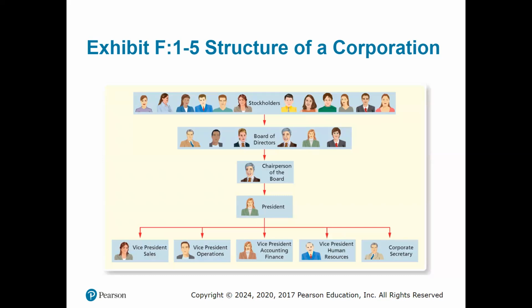The chief financial officer or CFO is typically the vice president of accounting. You'll see that. The chief operating officer would be like the vice president of operations. And sometimes there'll be a chief technology officer or chief information officer, sometimes CIO, and other various roles depending on the company.